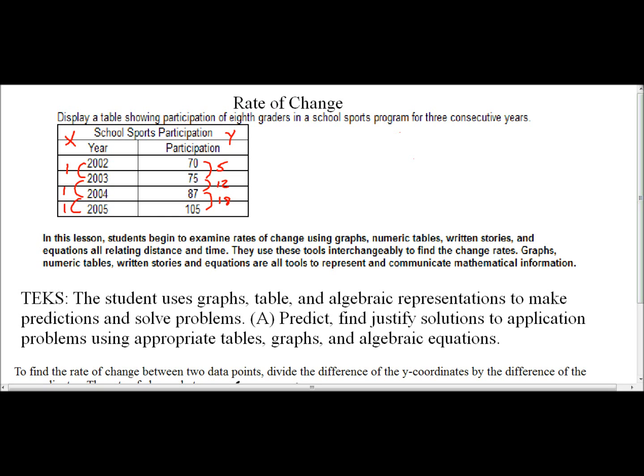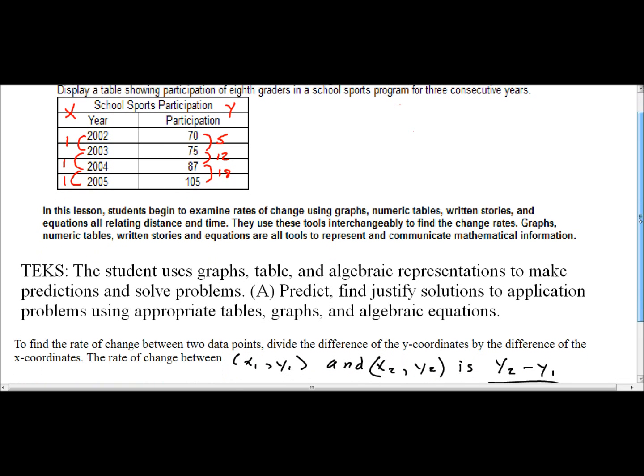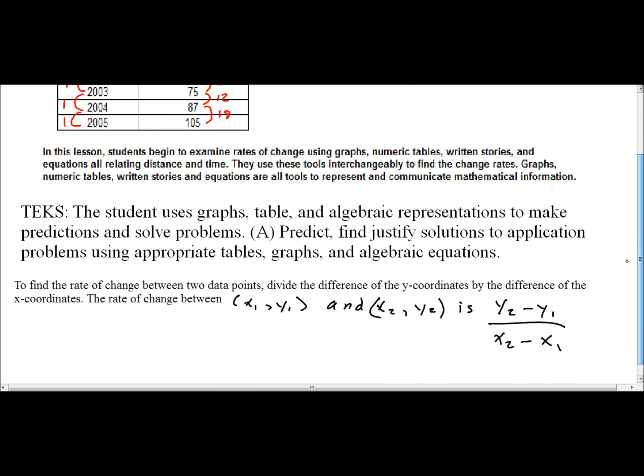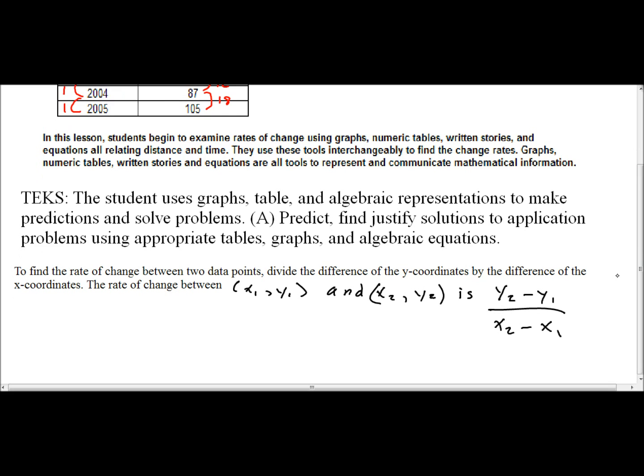So, what do we mean by rate of change? Rate of change, again, is some ratio where the denominator is always 1, and you're comparing the numerator to that particular denominator. To find the rate of change between 2 data points, you divide the difference of the y coordinates by the difference of the x coordinates.